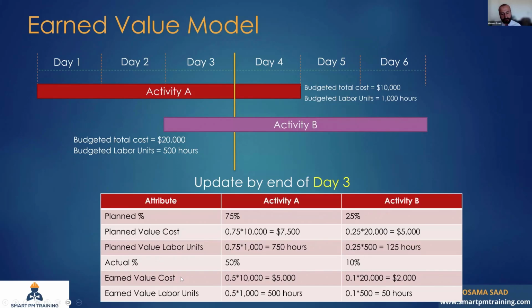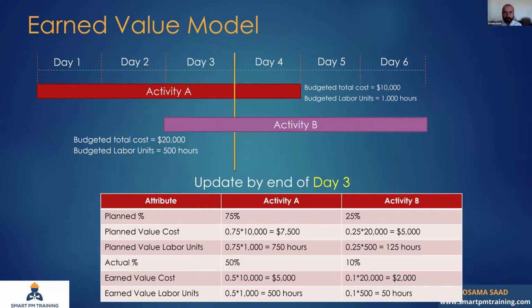The earned value cost, which can maybe translate into my payment application, 50% and total cost of $10,000. By the way, when I refer to the total cost, it's not like the actual cost of the activity. It's the BOQ price, because that's the way I do project control right now, is to manage the relationship between the client and the contractor.